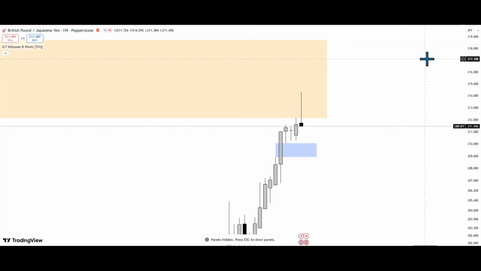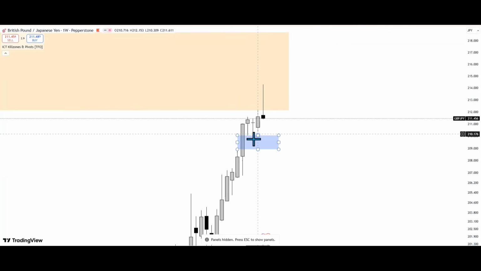higher. So if you look at GBPJPY, you see guys, this weekly fair value gap, I've been watching this for the past 2 weeks, and I told you guys I'm not looking for buys. I'm not interested in buys unless we have a retracement to this and then we continue bullish. But you can see the other week and last week price just opened and we had that bullish move.